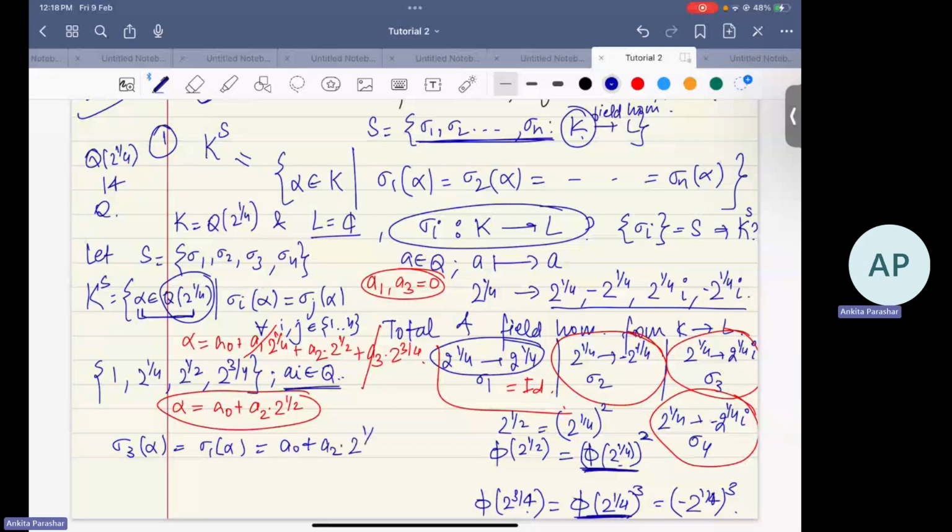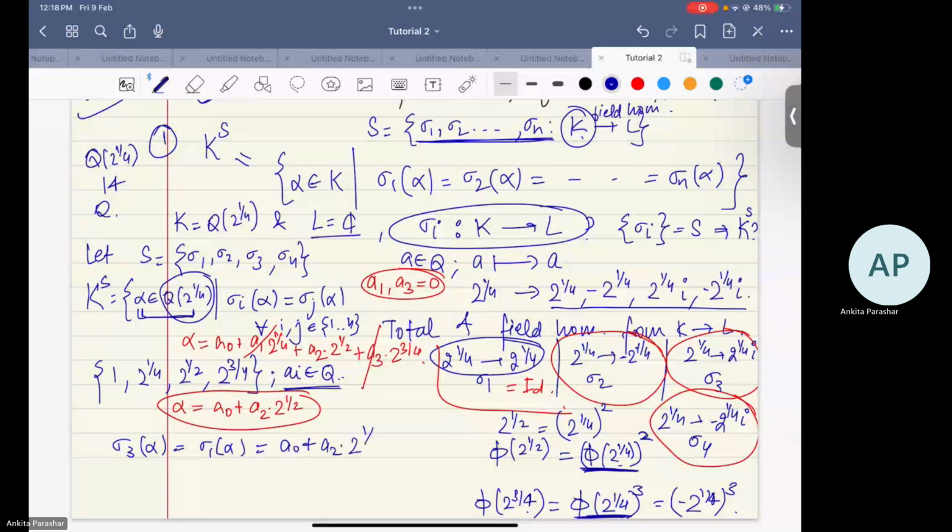From this, we can see where sigma 3 maps this. Now, sigma 3 maps A0 plus A1 root 2, like A0 will be fixed, right? Look at sigma 3, there is root 2 maps. Maybe we will see once again. Q root 3, right?